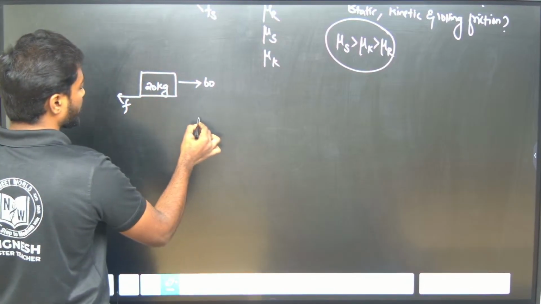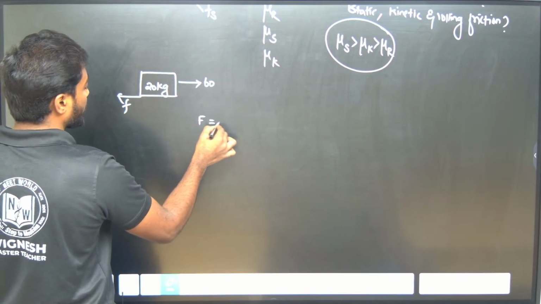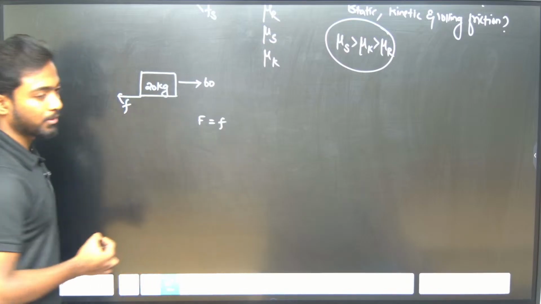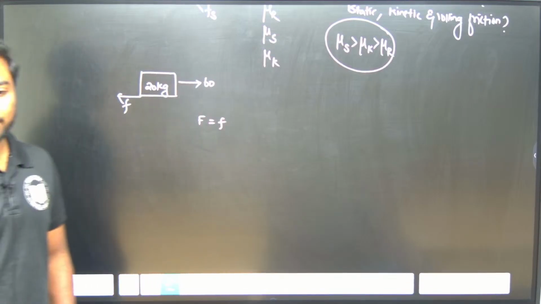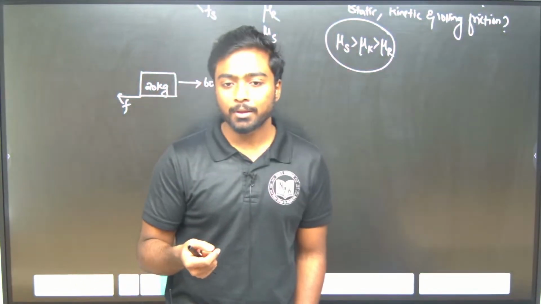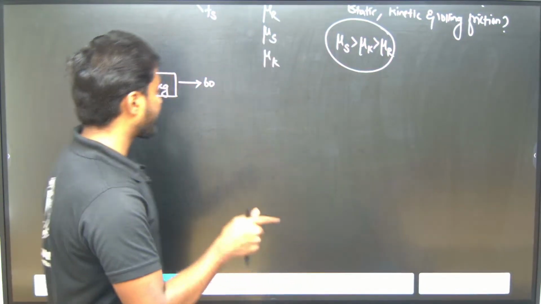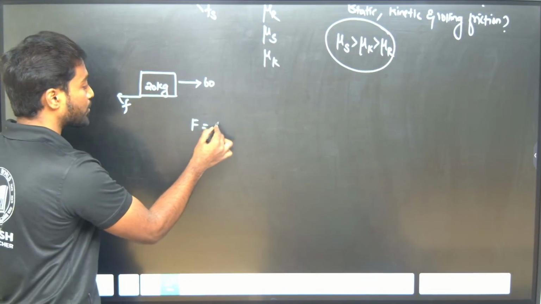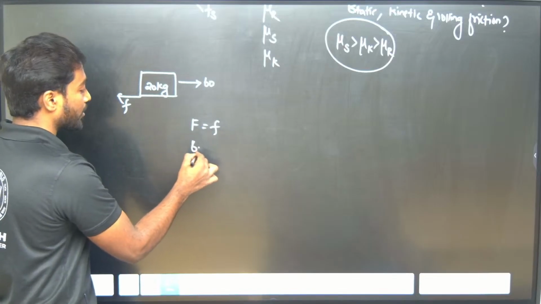So F is equal to f, yes, no? Why am I taking F equal to f? Because it's going with constant speed, they have told. Constant velocity means acceleration will be 0, right? So acceleration 0 in the sense I have taken F equals f. So F is 60, I will keep as it is.